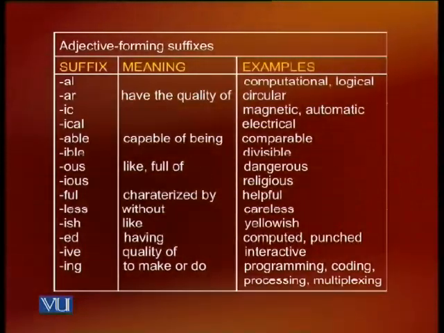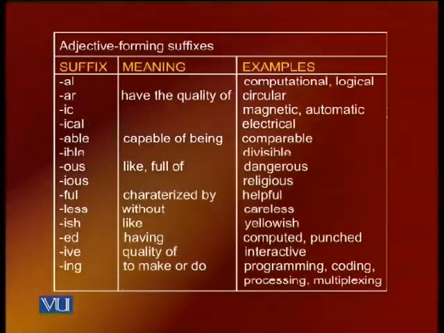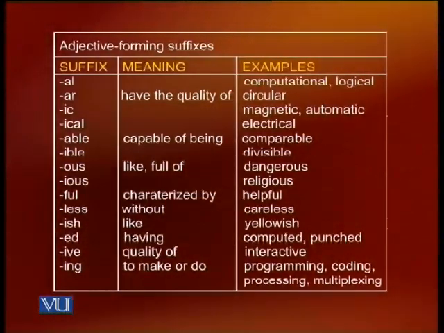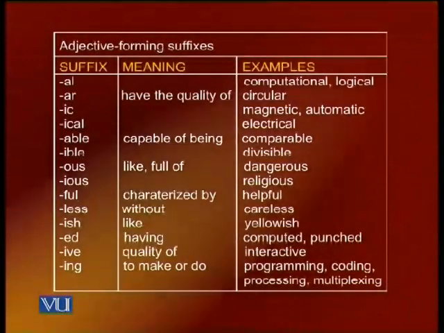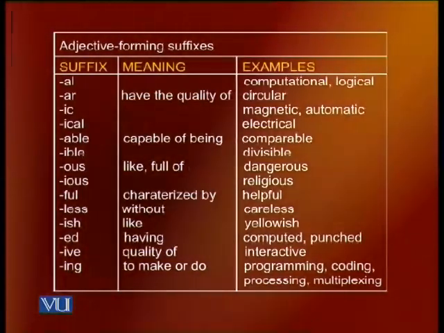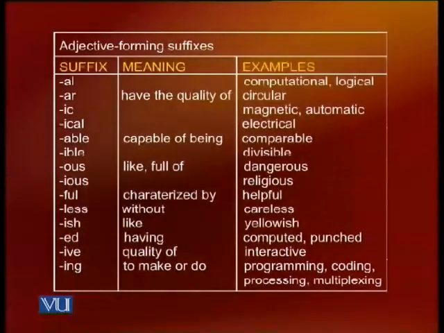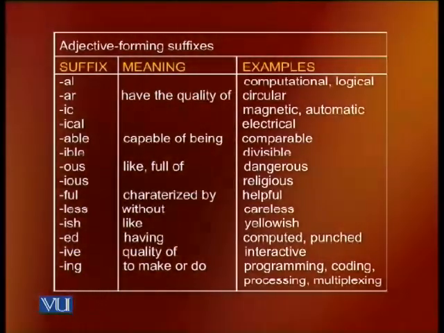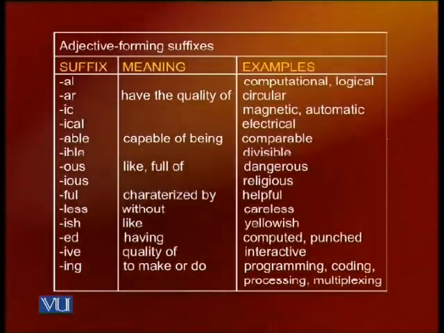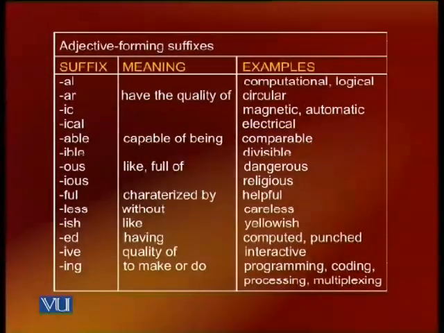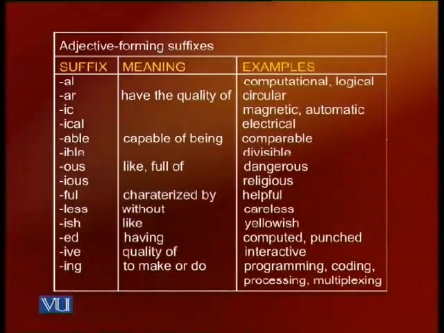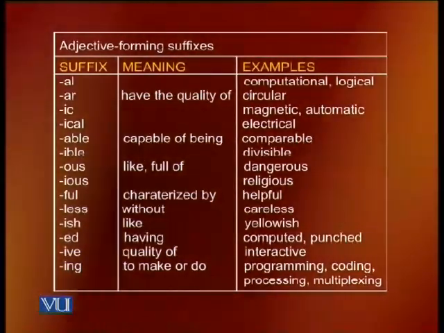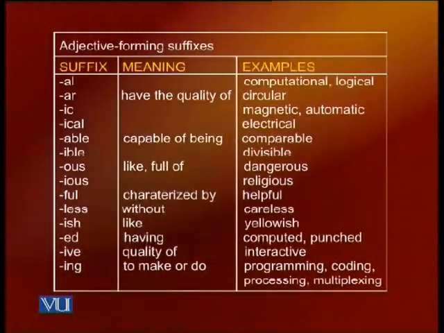In the same way, you've got the suffixes able, ible. They are both dealing with the quality of being, capable of being, comparable, divisible. Then you've got suffixes like ous, ious, which mean full of or like.